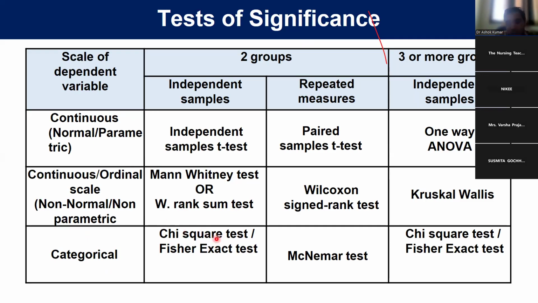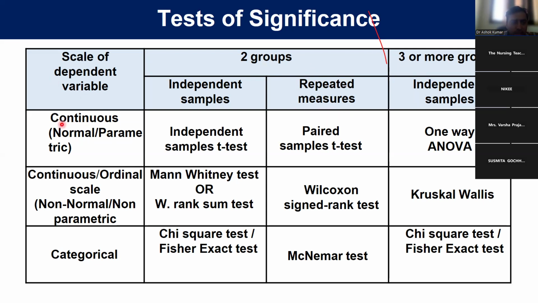There is no problem. Now, if there are repeated measures like pre and post on the same population, there is a baseline assessment, then an intervention, and after that a post-intervention assessment. This is called repeated measures. If it is only two times, pre and post, and our dependent variable is continuous and normally distributed, we should go for the paired sample t-test or dependent sample t-test.